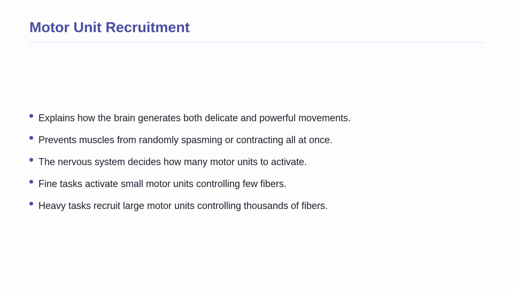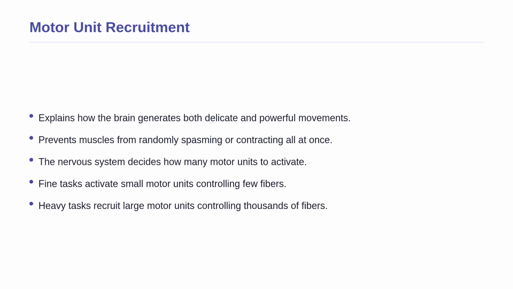With the structure clear, we can now explore how your body actually uses these units in daily life. This brings us to the concept of motor unit recruitment. This process is incredibly important because it explains exactly how our brain can generate both delicate, precise movements and massive, powerful movements using the exact same muscles.